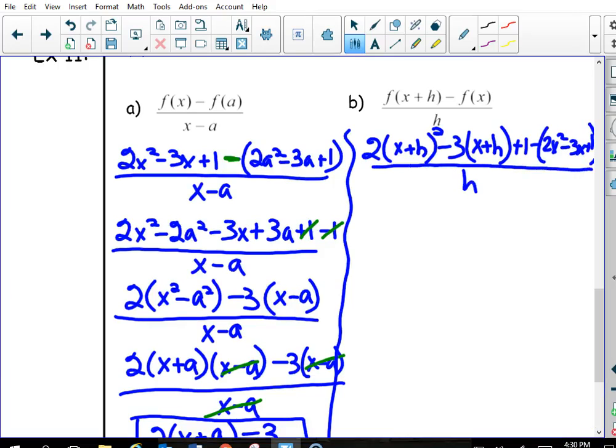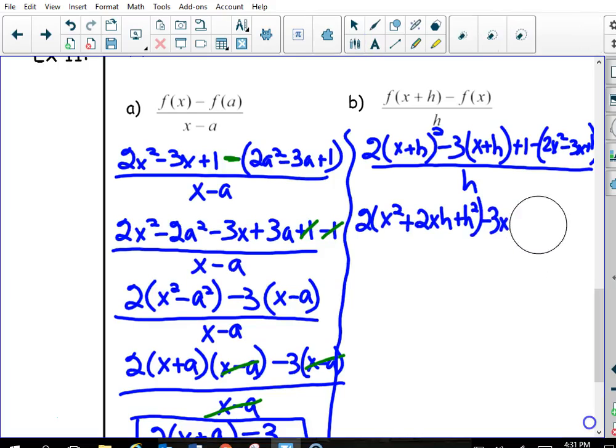So I'm going to get some things to cancel, but I have to expand out my binomial here. 2 times x plus h squared, that's going to be x squared plus 2xh plus h squared, minus 3x plus minus 3h, plus 1 minus 2x squared plus 3x minus 1.